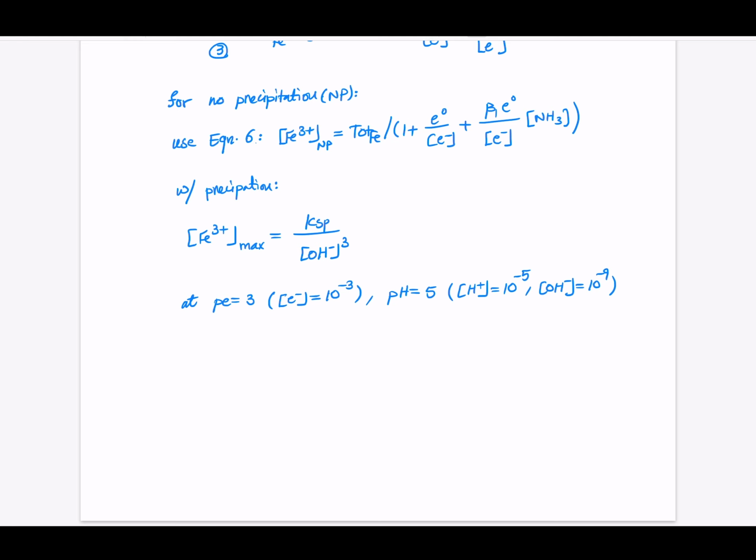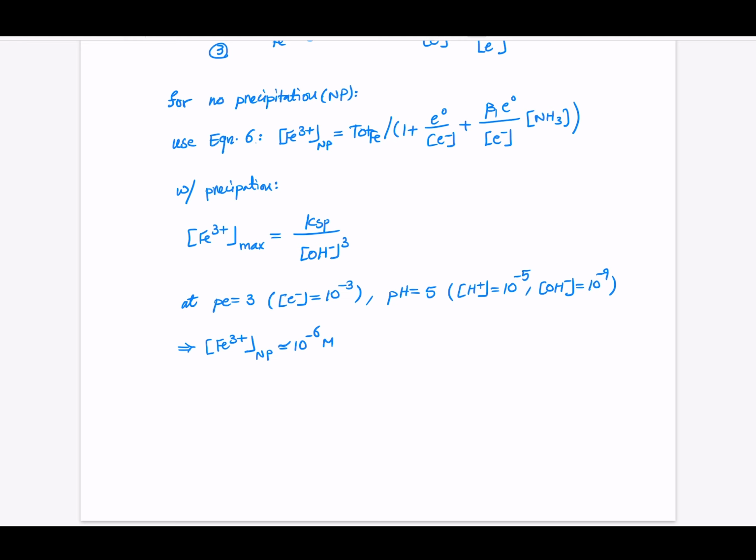So at this given condition, we can do the calculation for the concentration of Fe3+ for a no precipitation scenario, which would be almost 10 to the minus 6 molar.